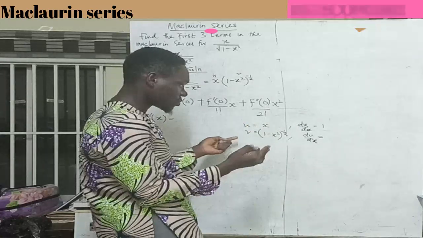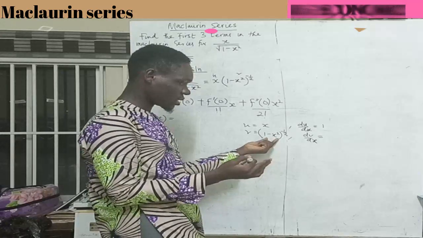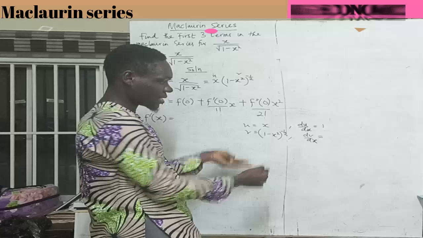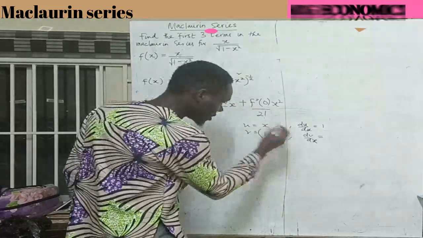So let's start first of all by differentiating what we have within the bracket. We take the result of that and multiply with the differential of the original entity itself.